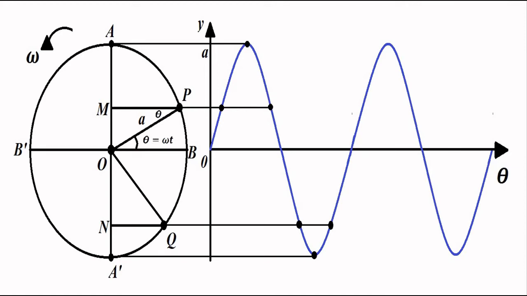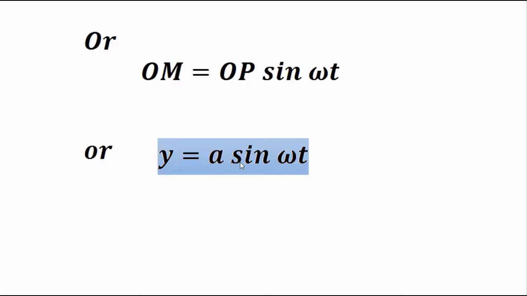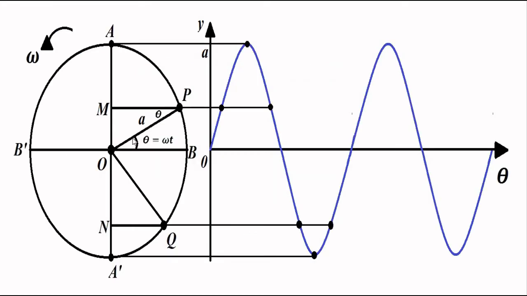We also determined the displacement equation, which we got as y equals a sin omega t. Here a is the radius of the circle, omega is the angular velocity, and t is time.